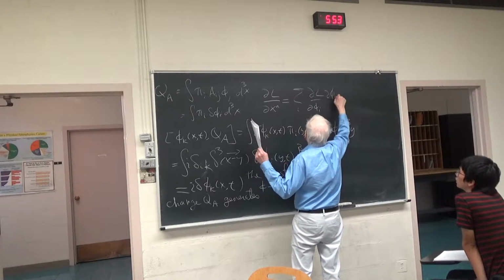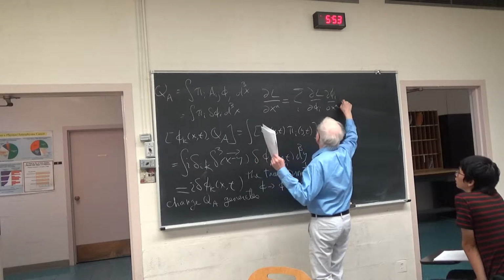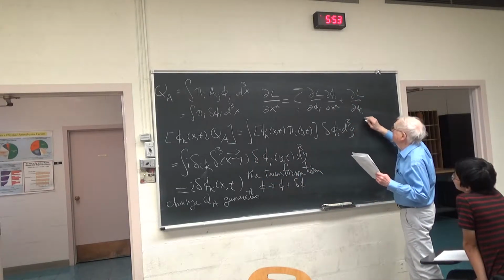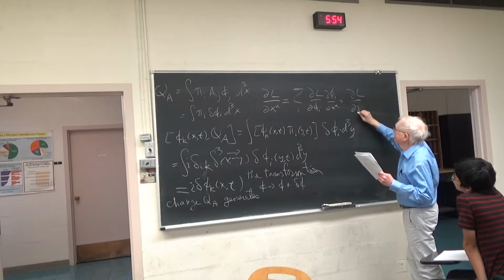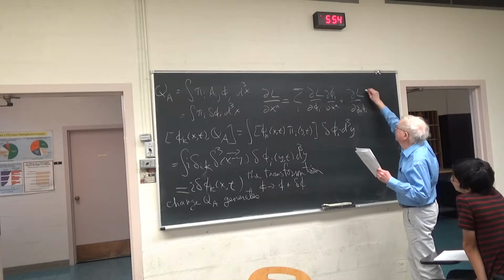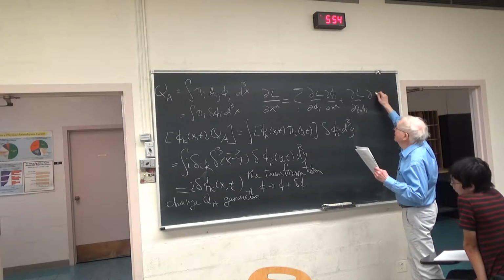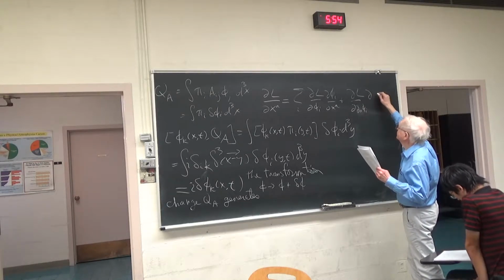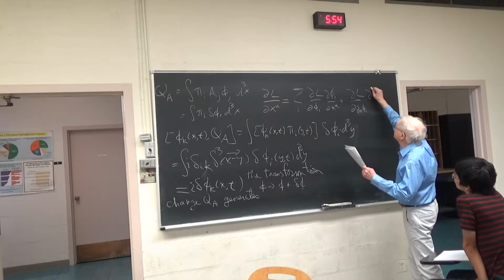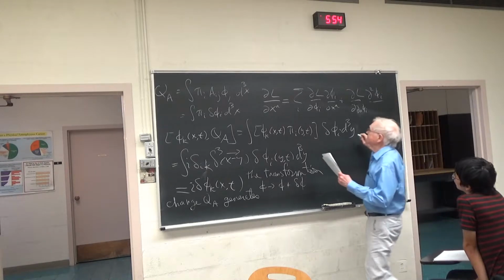partial phi_i, partial x^A, and then partial L, partial d_B phi_i, and the second partial of phi with respect to... let me see if I've got this right.